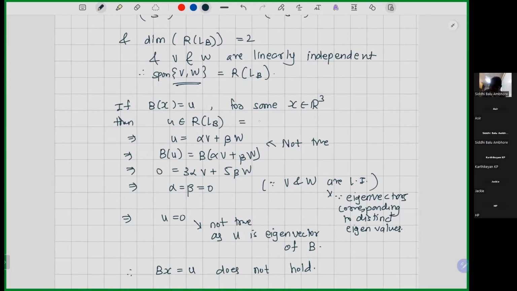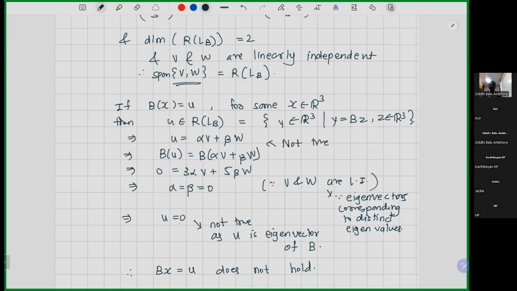So the range of LB means what? All those, let me write y, not x: all y in R3 such that y is equal to Bz for some z in R3. This is the definition of the range of LB. And if U is in the range of LB, using the span, this is what it means.